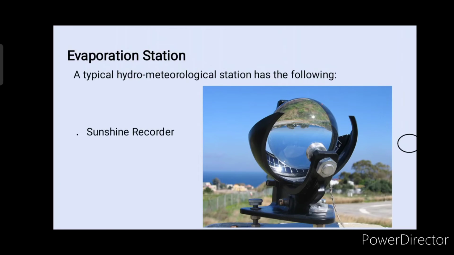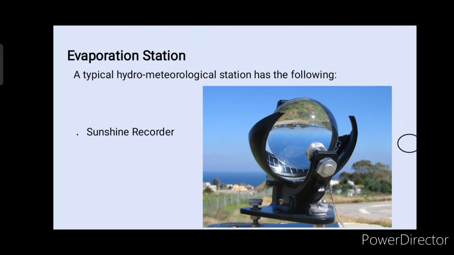Last, we have a sunshine recorder. A sunshine recorder is a meteorological instrument used for recording the amount of sunlight that a particular location receives throughout the day.